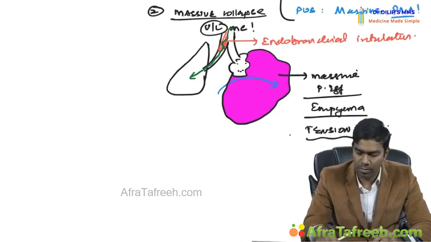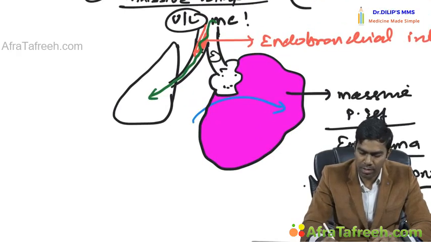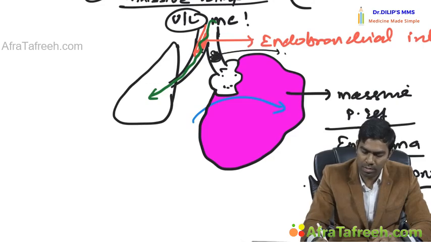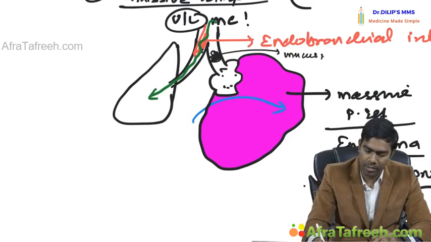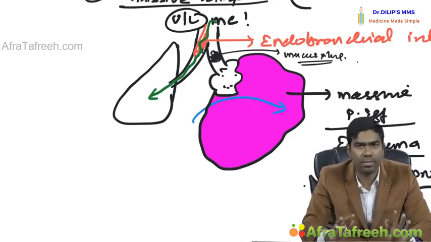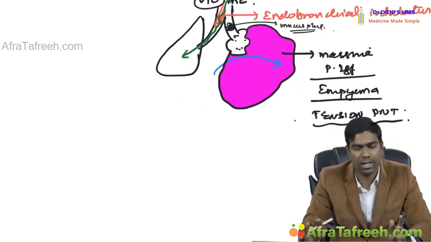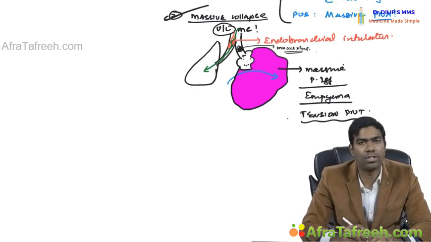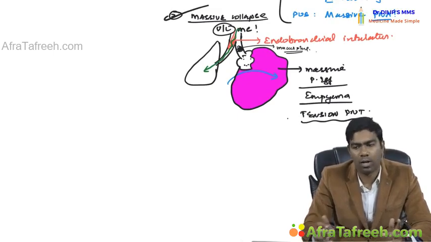Or it could be due to an occlusion by a mucus plug. All these causes are very common, and it is actually easily rectifiable if you identify them early. So this is one condition that causes massive collapse, and because of that you get a shunt formation, and because of that you might get all these issues.